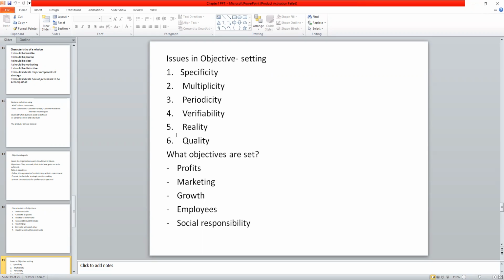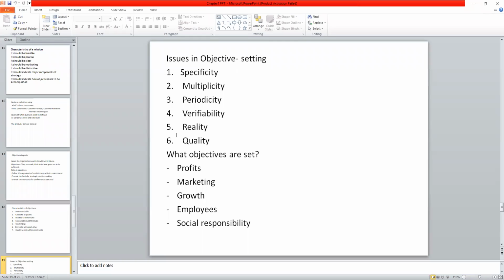Now, what are the objectives that are set? Objectives are of strategic importance to an organization because they are with reference to the strategic move which a company makes. If we take the profit point, then maybe the return on investment or the return on shareholders' capital, net profits as a percentage of sales.